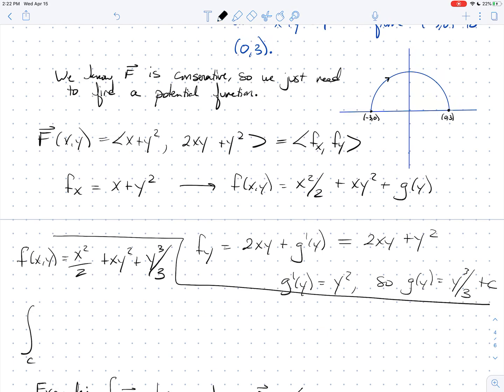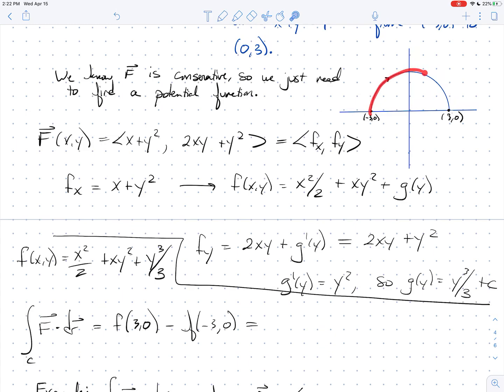And the point now is the integral along C of F dot dr is just f of the ending point, f of 0, 3, minus f of the starting point, f of negative 3. Whoops, I wrote this wrong. This is not 0, 3. This is 3, 0. So f of 3, 0 minus f of negative 3, 0.